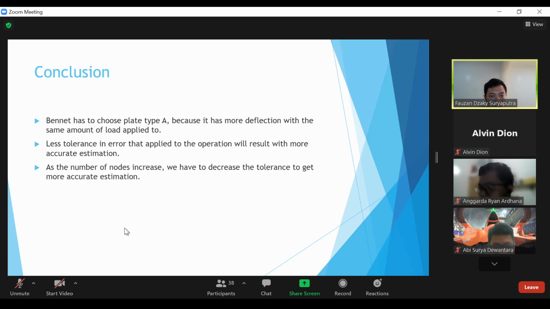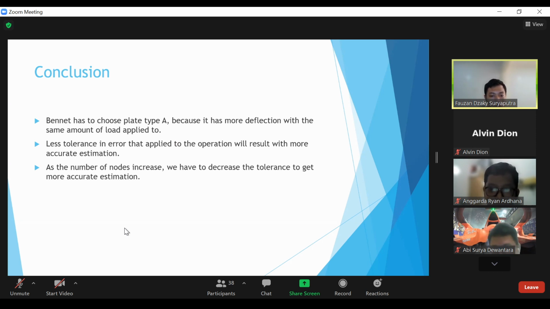That makes the weight that he's about to design more accurate. For the analysis, we can see that the less tolerance in error applied to the operation will result in more accurate estimation. And as the number of nodes increases, we have to decrease the tolerance to get more accurate estimation.